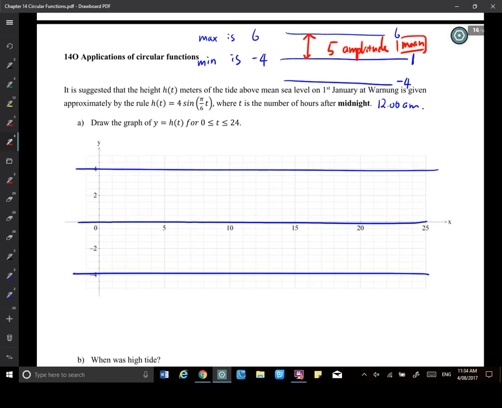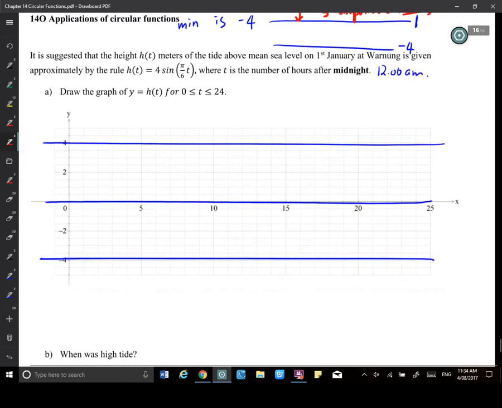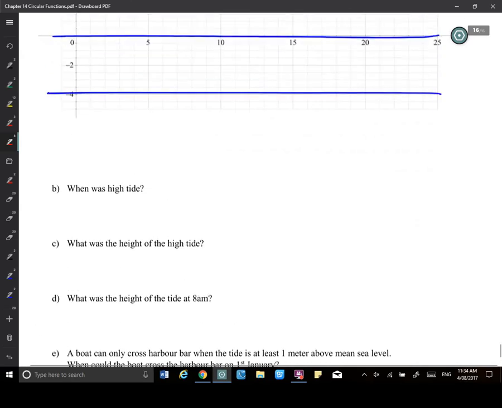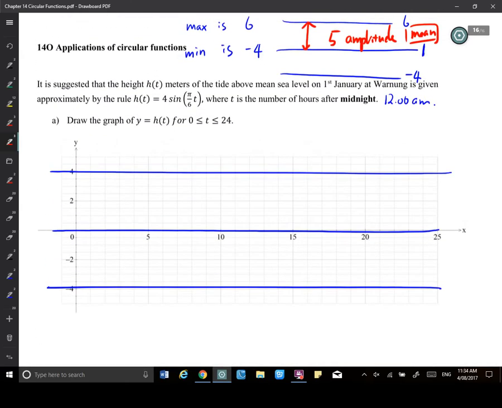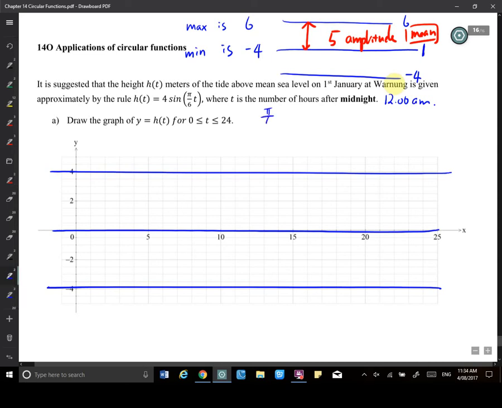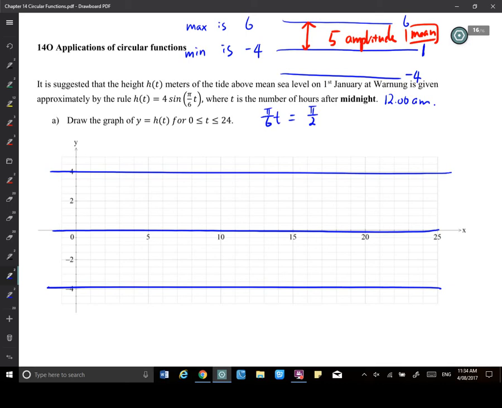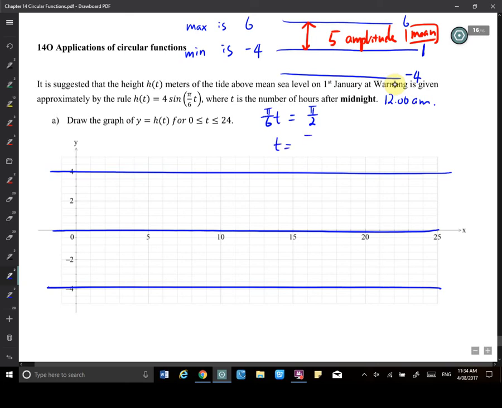Let's have a look at this one. I want to find the graph, so I need to find the starting point. I make pi on 6 t equal to pi on 2, because this is a sine graph, I make the value equal pi on 2 to find a maximum or minimum value.